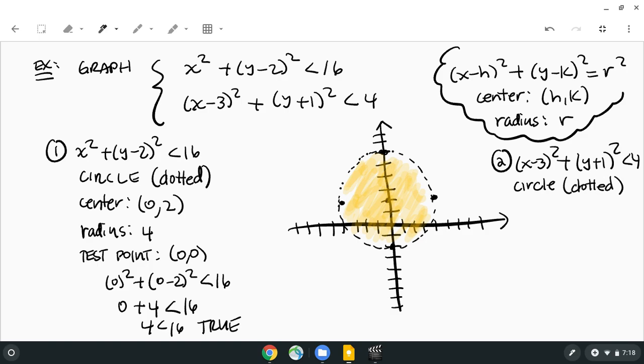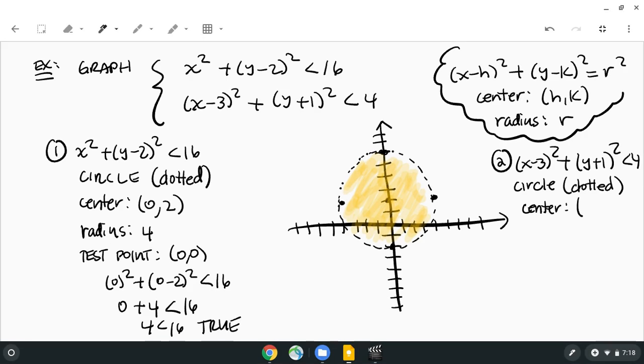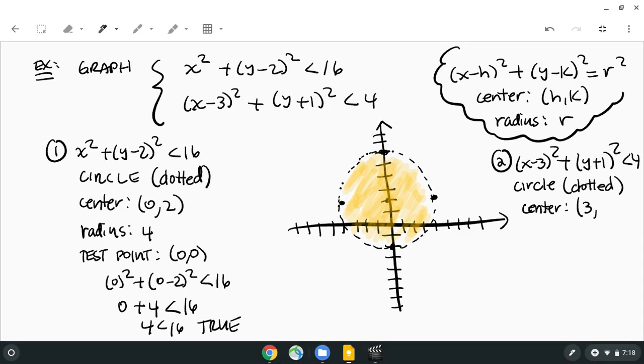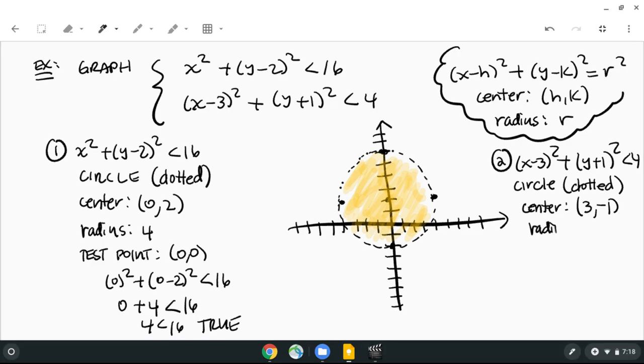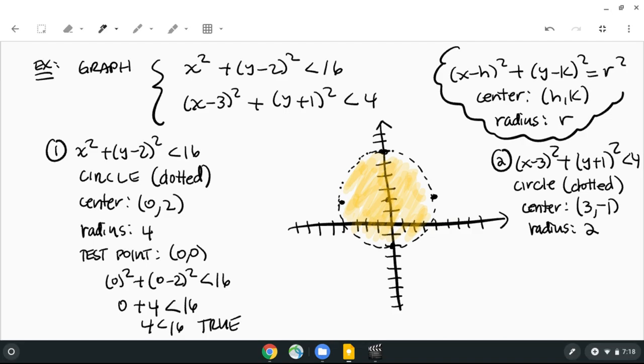And the center is at, we have a number there with x. We're going to take the opposite, so positive 3, and then negative 1 for the y. And then the radius here is going to be not 4, but 2, the square root of 4. So it's going to be 2.